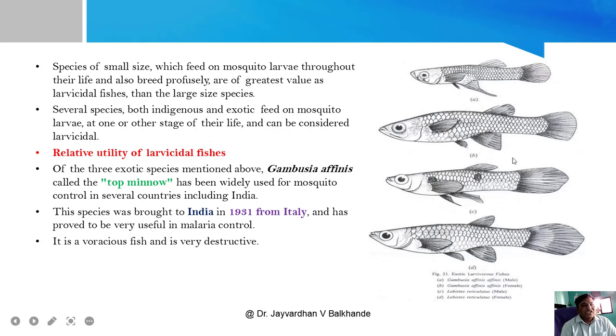So we can just see in this picture the exotic larvivorous fish A and B, the Gambusia affinis. A is the male and B is the female of this Gambusia affinis.